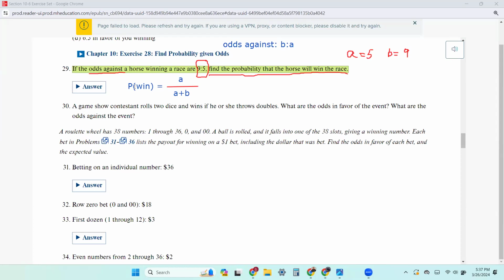If we want the probability that the horse will lose the race, then we're finding the complement.